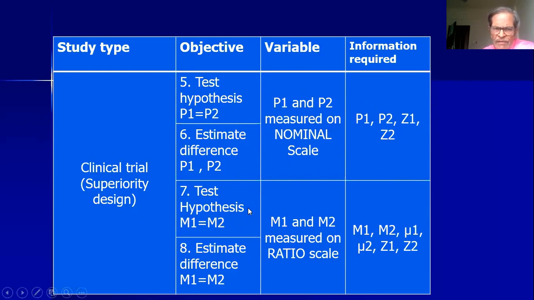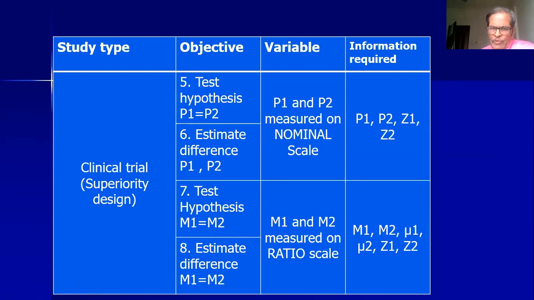If it is a clinical trial and the variables are measured not on the nominal scale, but on the ratio scale, we are testing the null hypothesis, say between M1 and M2. M1 and M2 are the two means hypothesized. So our objective could be testing the null hypothesis of M1 is equal to M2, or our objective could be estimating the difference of M1 and M2.